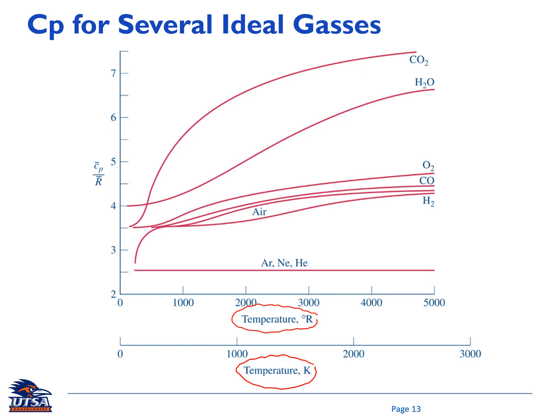Generally, Cp of the gas increases with temperature. Most lines have a positive slope. That means the Cp, represented here as Cp over the universal gas constant, increases with temperature.